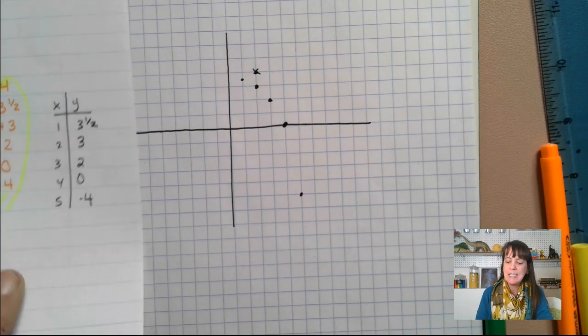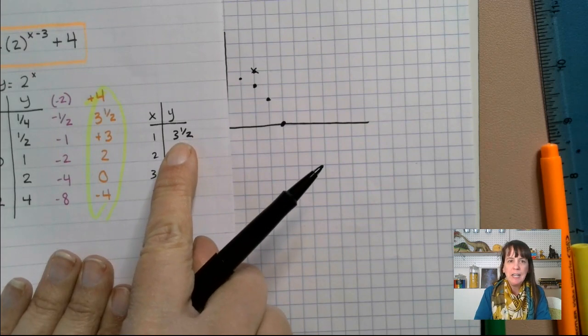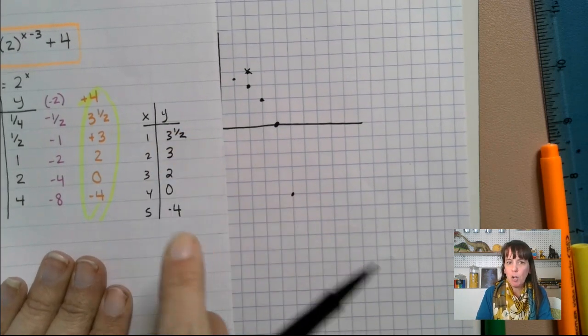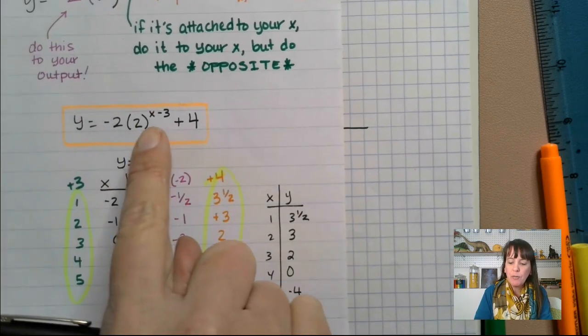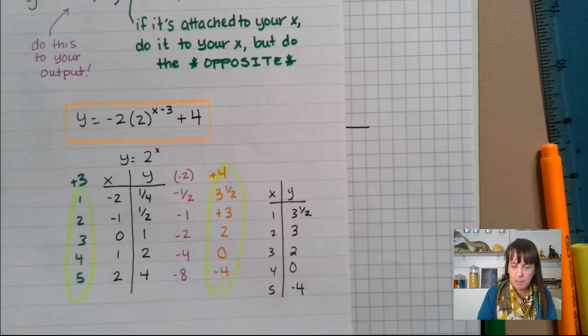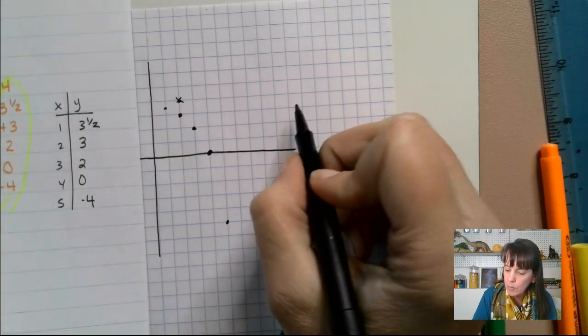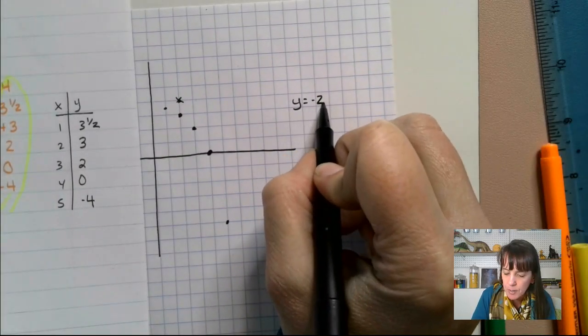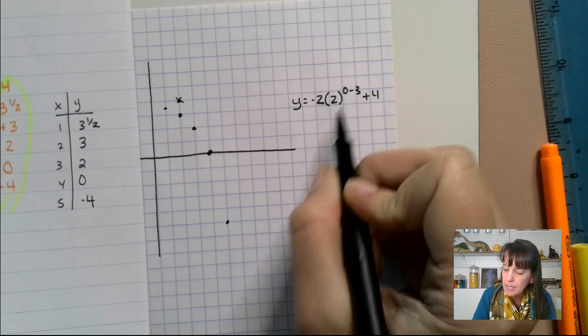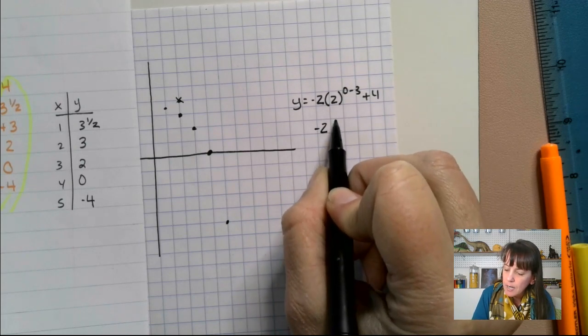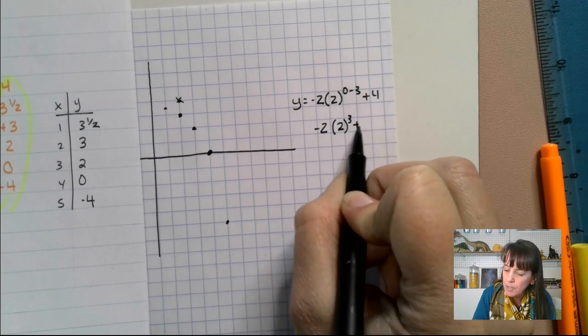Okay, and what we see is, do you see how it's 3.5? If I were to do anything smaller, so let's say 1, smaller than 1 is 0, right? So if I were to plug 0 into here, we would get, let's do that over here, y equals -2 times 2 to the -3, plus 4.